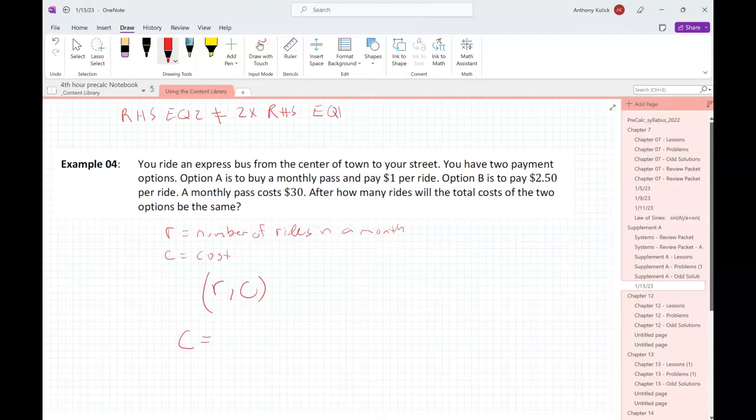So I'll use R as my x coordinate and C as my y coordinate. I'll write my two equations. For option A, the cost is going to be the monthly pass plus the $1 cost times the number of rides I took. For option B, the cost is going to be $0 for the monthly pass, but $2.50 for each ride I take.